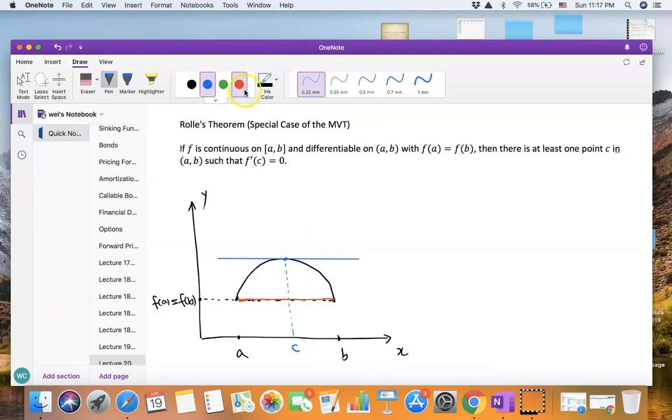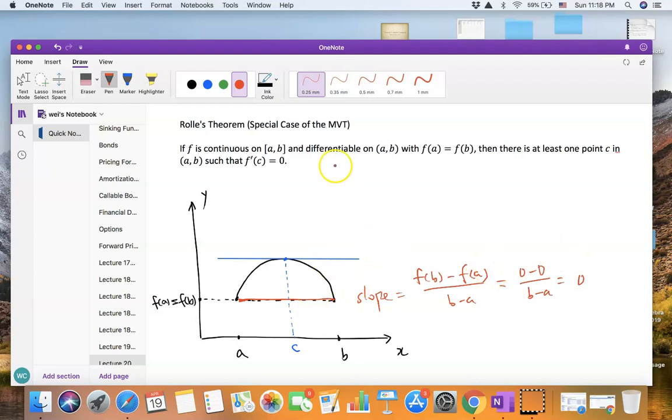Another way to think about this is, if we consider the slope of this red line, it's given by this formula, right? And right now, because f(b) equals f(a), the numerator is 0.